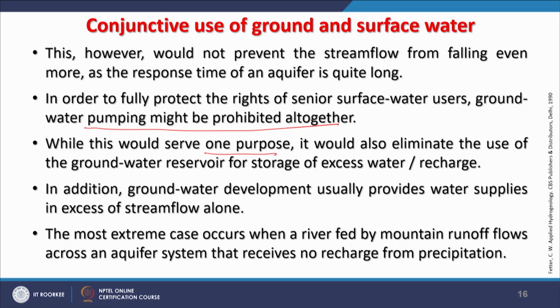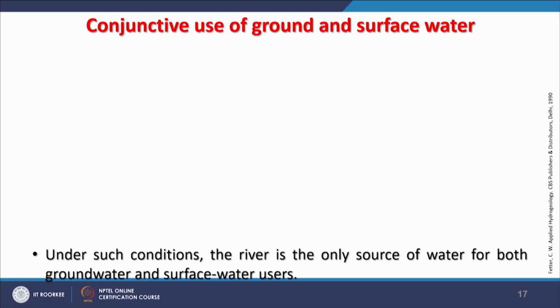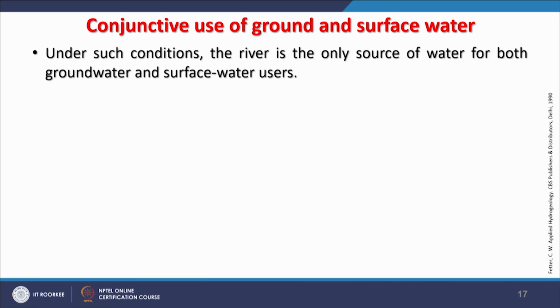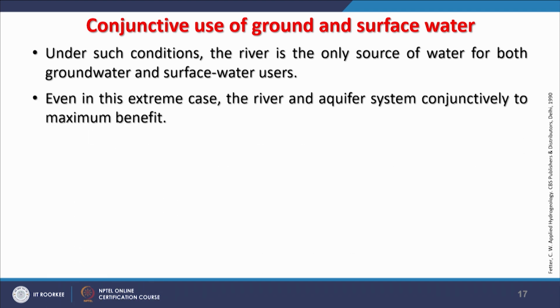So there again might be a problem. What we are basically discussing is that the entire management of water resources should be done very judiciously and wisely. Under such conditions, the river is the only source of water for both groundwater and surface water users, and in this extreme case the river and aquifer system are used conjunctively to maximize benefit.